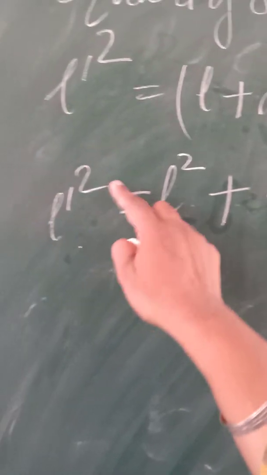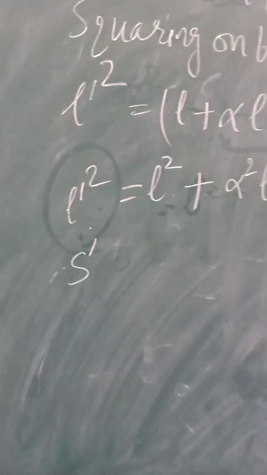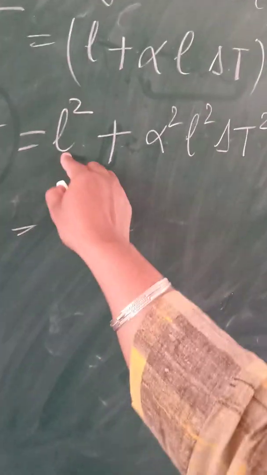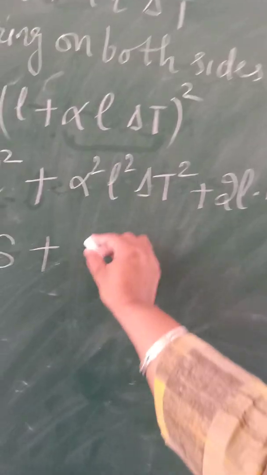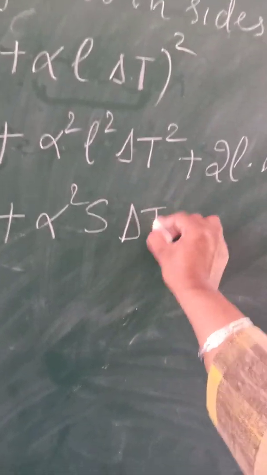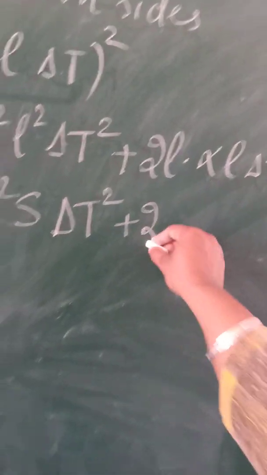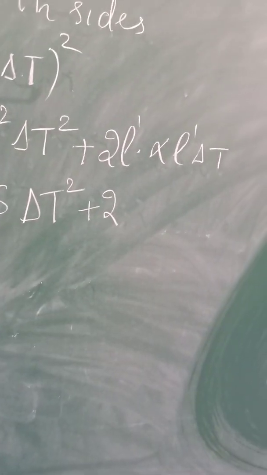Here we have L dash square, which equals S dash, the area. L square is S, plus alpha square L square S delta T square, plus 2 L raised to power 1 plus 1, 2.